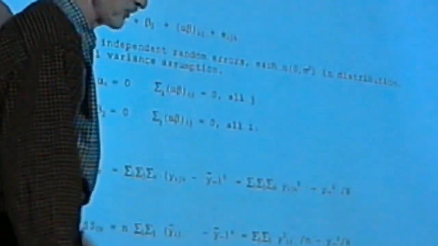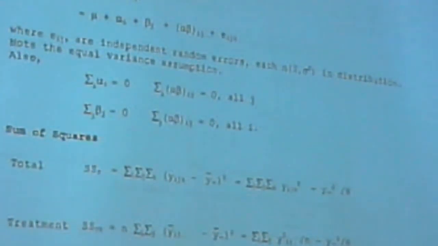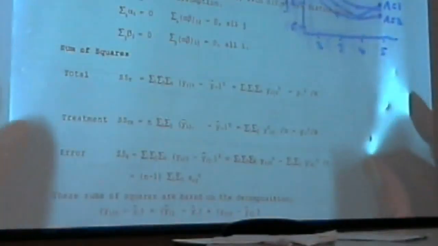So now let's look at sums of squares. This handout is laid out pretty much like the earlier handout was. So I have here for you to look at formulas for the sums of squares. There's the total. And that's our old formula for the sum of squares total.